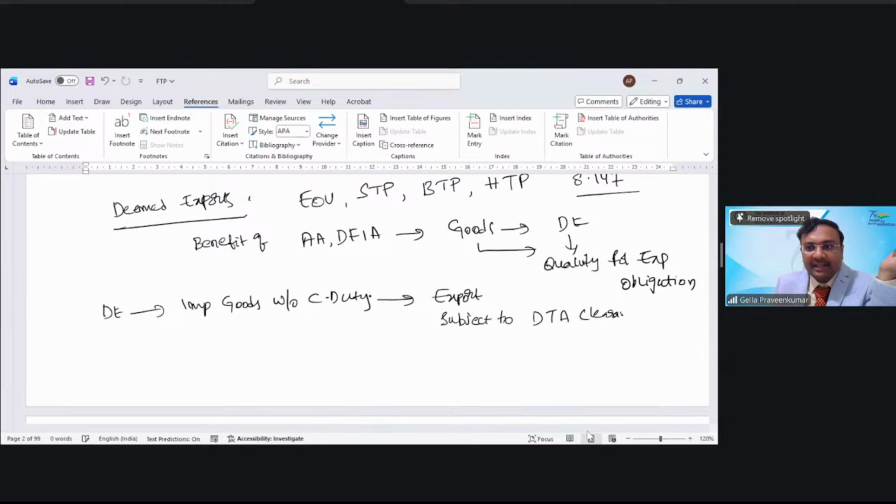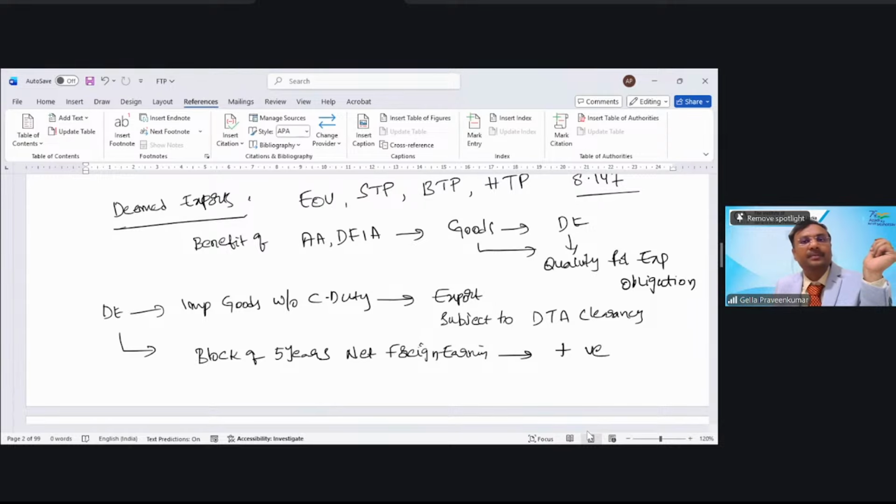There is a certain permissible value which I can clear to the domestic tariff area. And the norm for these deemed exports is that for every block of 5 years, my net foreign earnings should be positive.